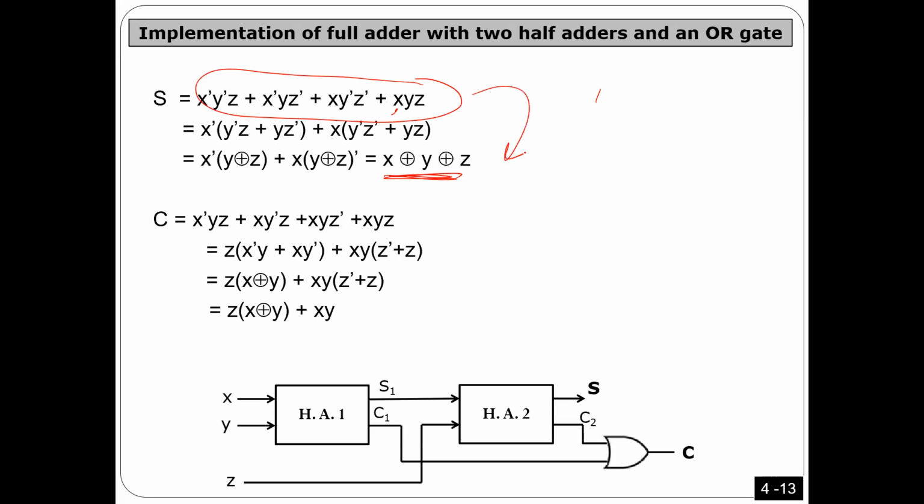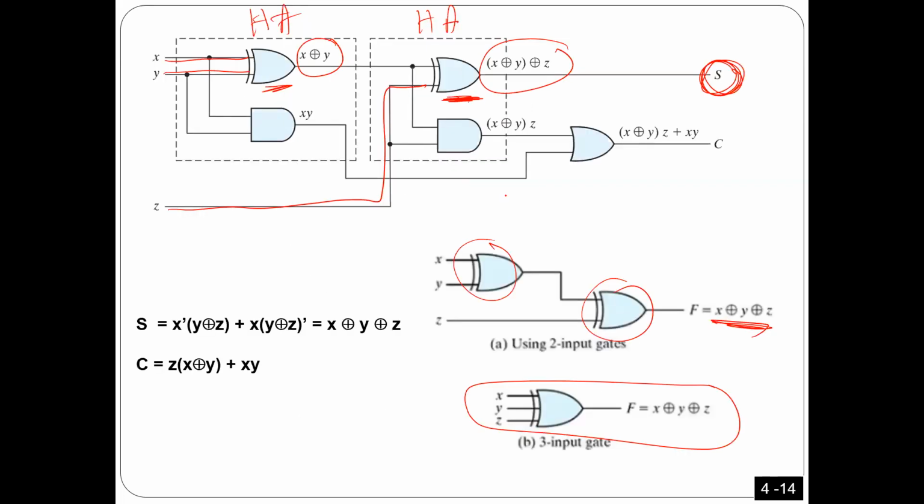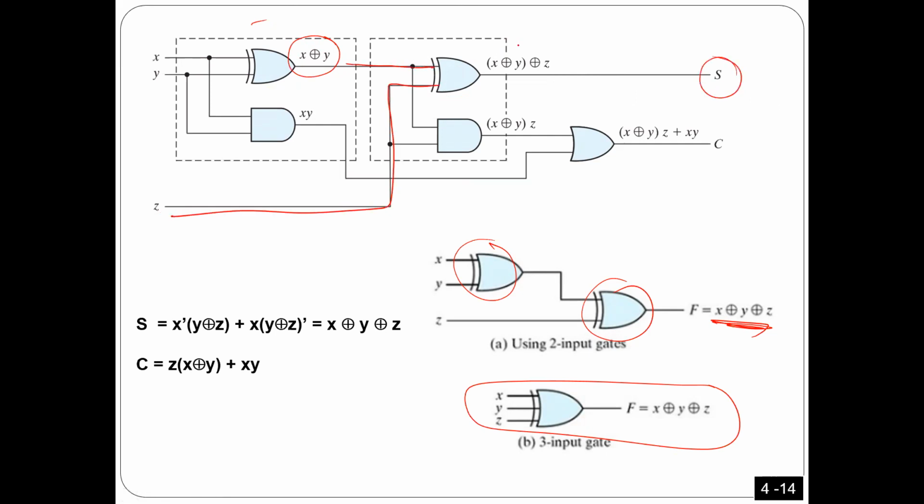I did some manipulation to make it in this format, and then using this one, I can do it using the half adders, because as you see here, we have X XOR Y going to input here, and then I'm going to input Z here. So here I'm going to get S.